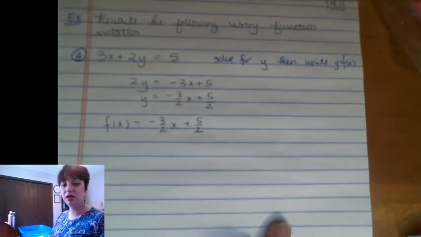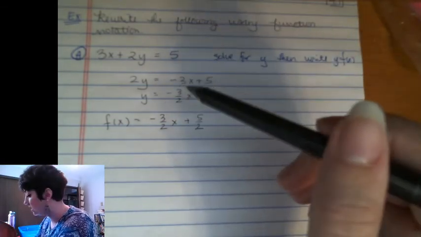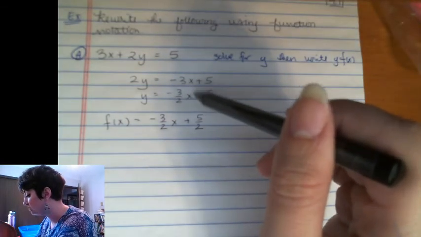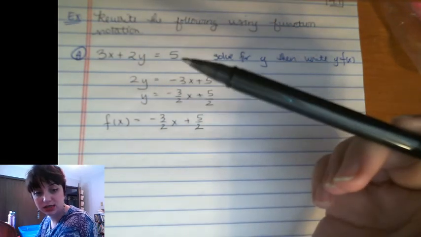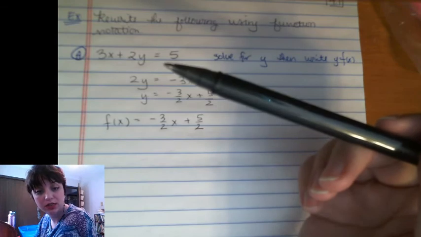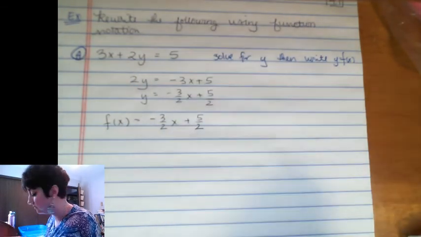Because what I've done in this previous line is I have a relationship that tells me if I have x, plug it in, y equals exactly this thing. That's exactly what function notation is about. It tells you how to find your output with a given input. All right, so that's it.